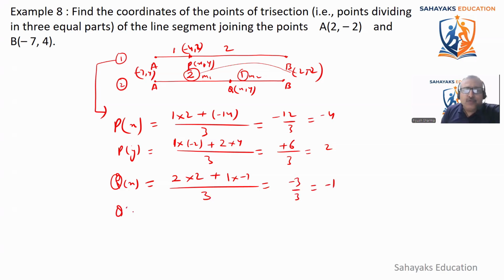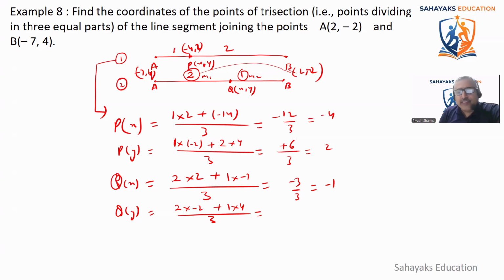And QY is equal to M1 Y1, that is 2 into minus 2, plus M2 Y1. This is 7, 4, right? Yes. M2 is 1, Y1 is 4, divided by M1 plus M2 is 3.